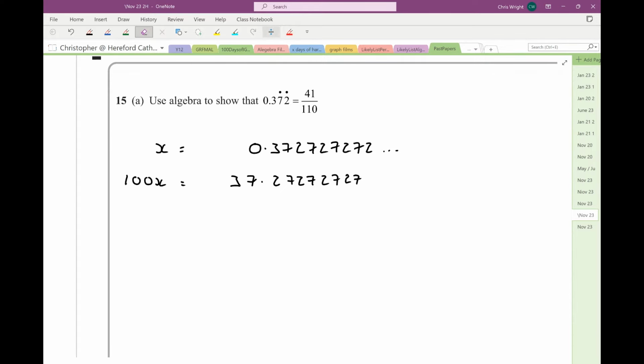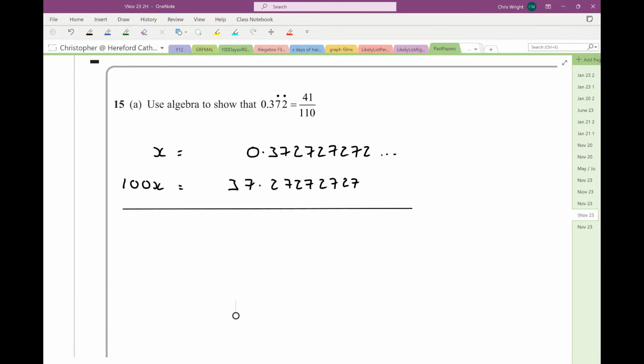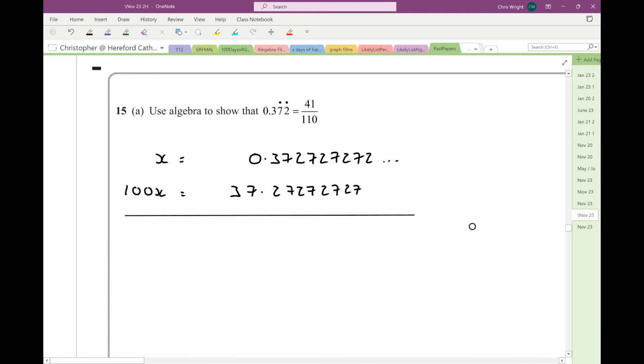Now, the reason why it's great that they're all lined up is that now I can do 100x, my second line, subtract x. On the left-hand side, I'll get 99x. Here it is. That's 100x minus x.